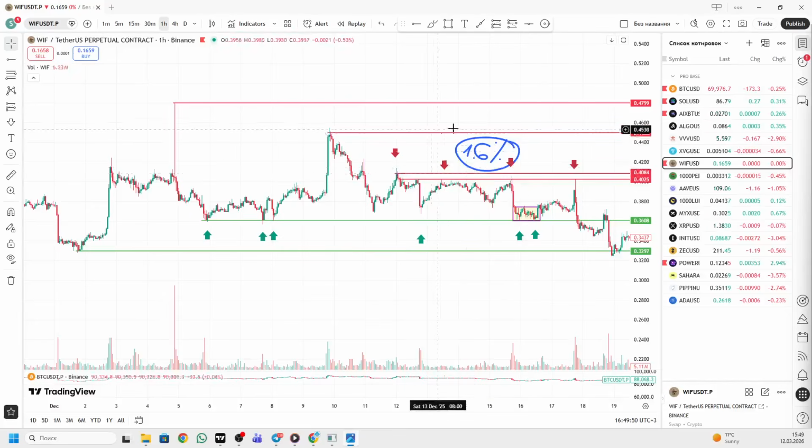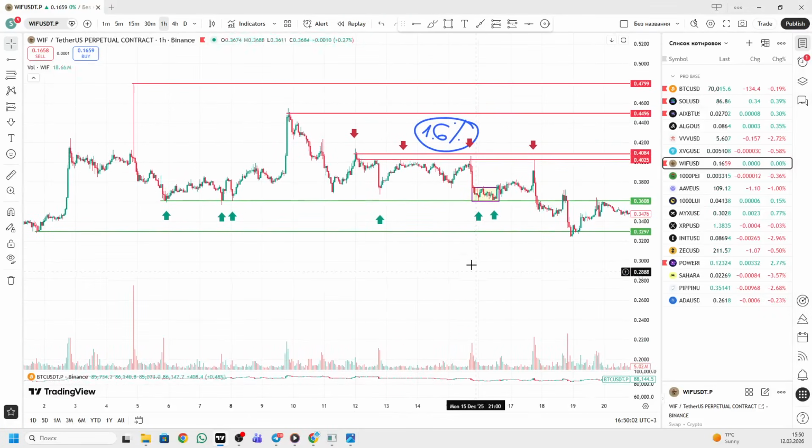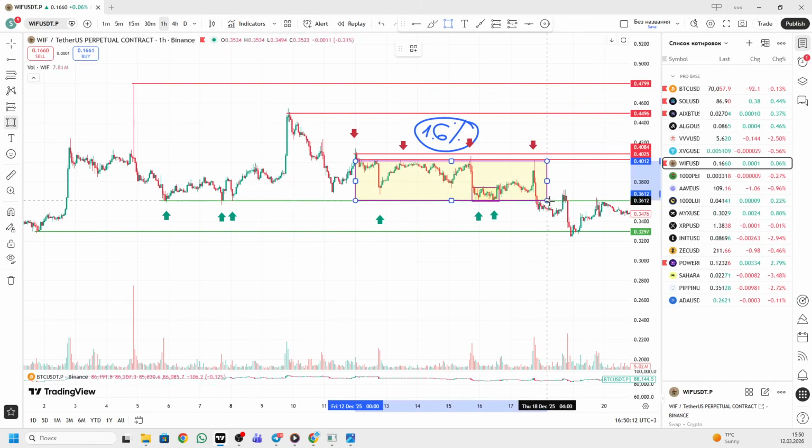Okay. So what we can see here, it is a trading zone. You see, look at the size of this range. We have a support level here, we have a resistance level here, and we have this area, right? This is an area.